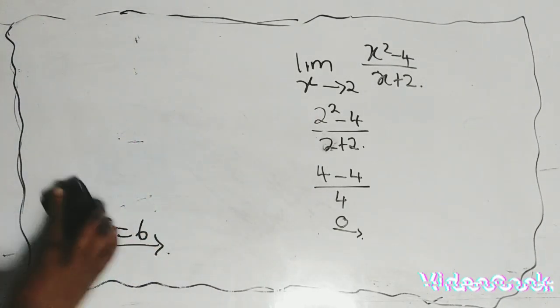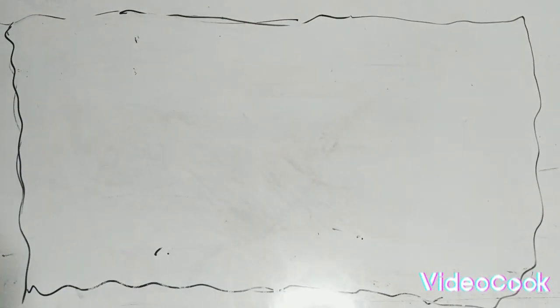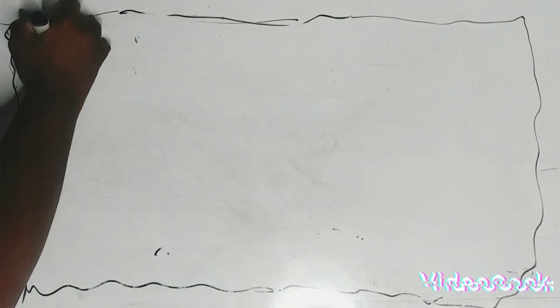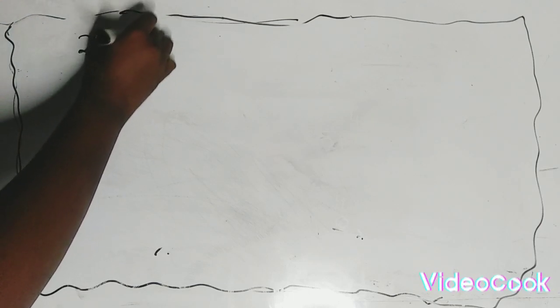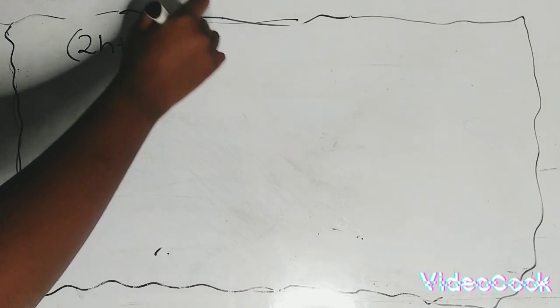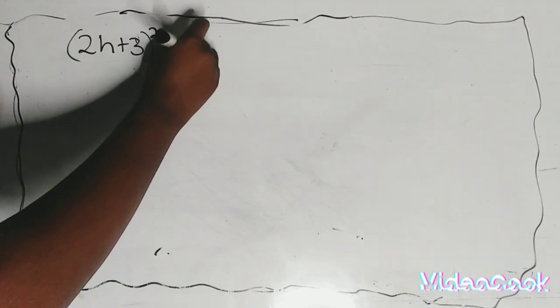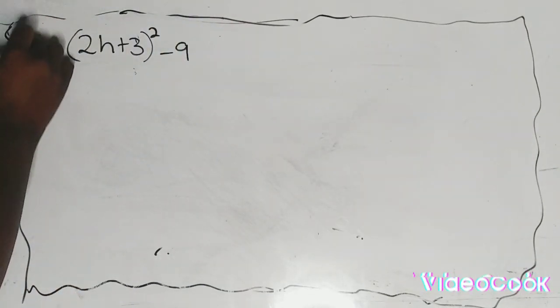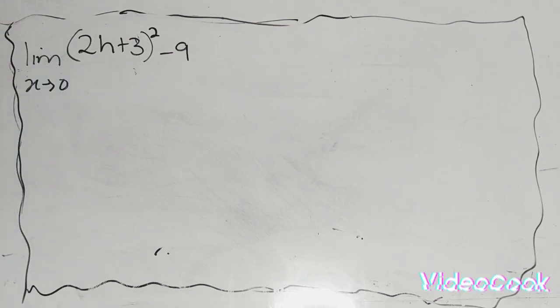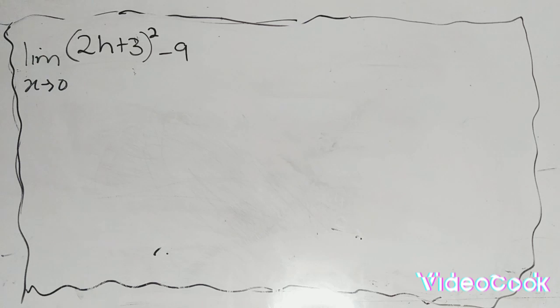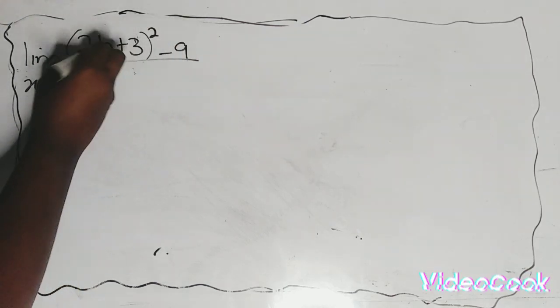Our next question, where they want us to calculate limits, is quite a bit long. They gave us 2h plus 3 to the power 2 minus 9, and the limit as h goes to 0, like that. What are we going to do? Oh, this is all over h. Yes, it's a fraction.